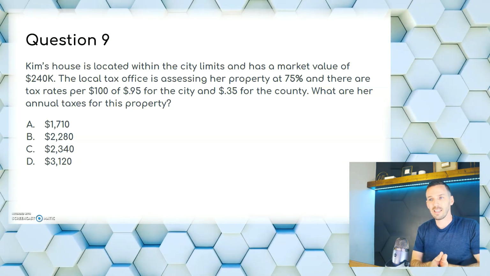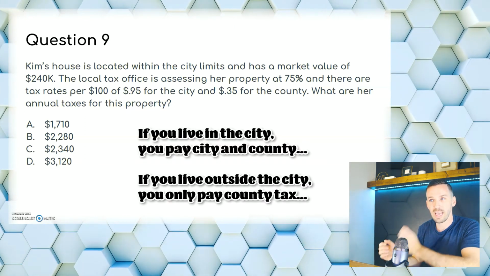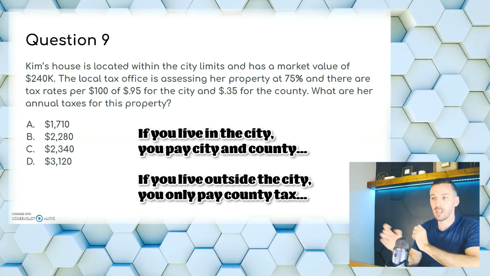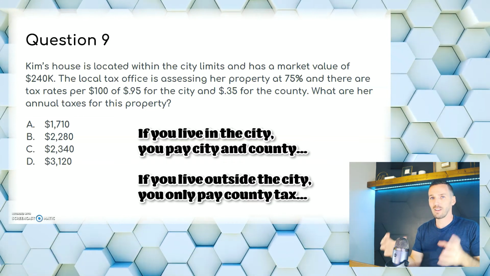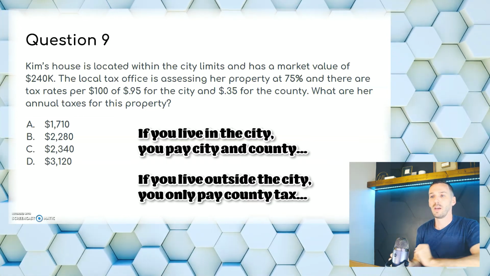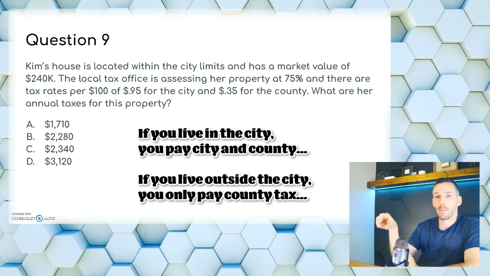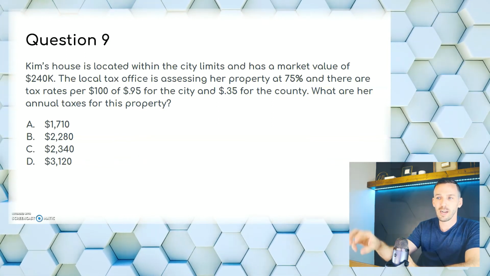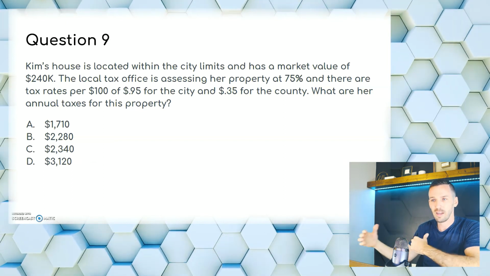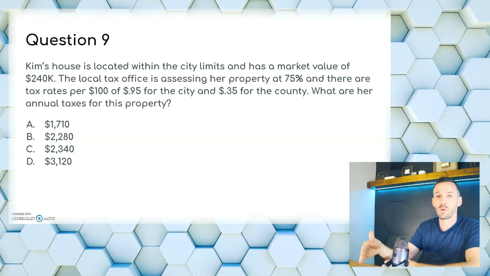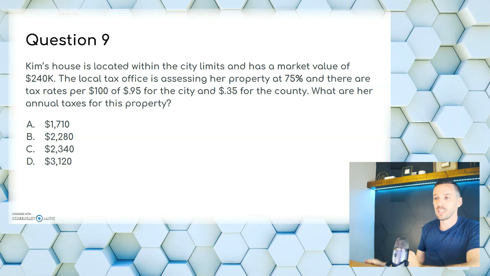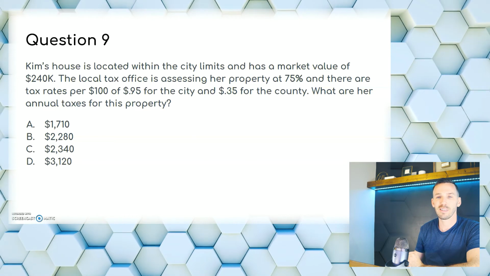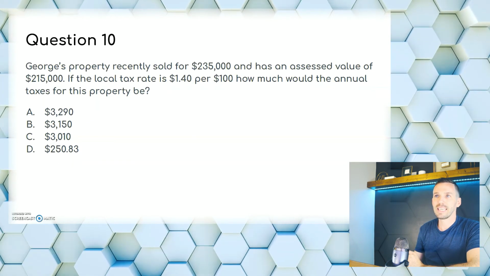And then 95 cents plus 35 cents, the county and the city taxes, is $1.31. That is adding both the city and the county if the house is located in both of those. This is also the tax rate per $100 of assessed value. So $180,000 divided by $100 is $1,800. Now multiply that by $1.31 tax rate and you get $2,340 in taxes per year. Answer is C.